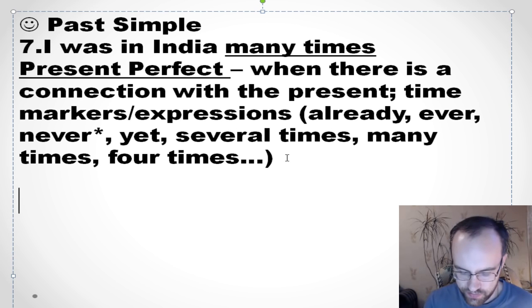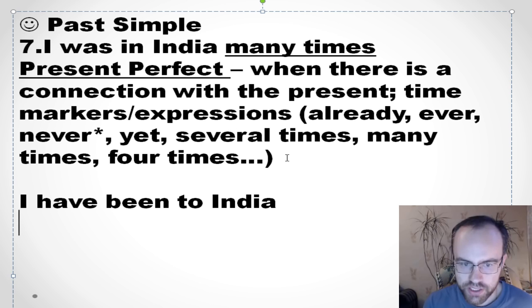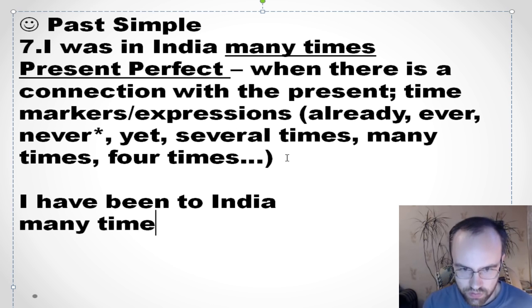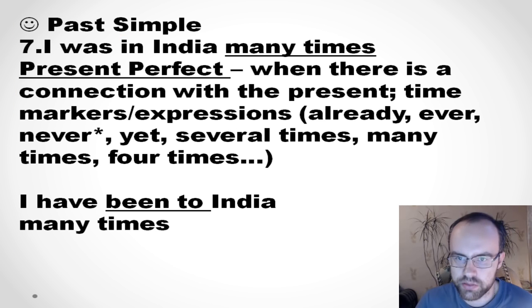And you need to say, I have been to India many times. And you also need to know that in present perfect we say been to. We normally say in, but we say been to with present perfect. So, I have been to India many times.